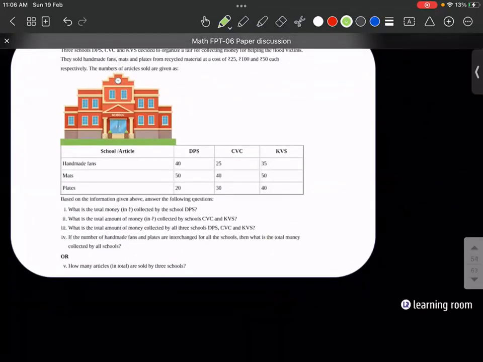See, what about this one? 37th. What is the total money collected by the school DPS?